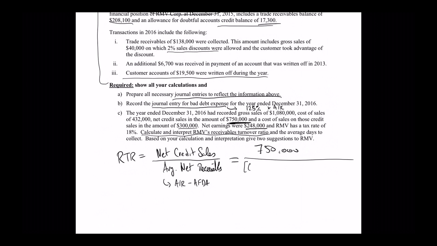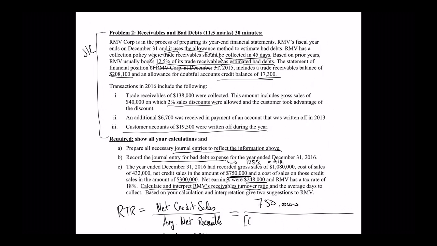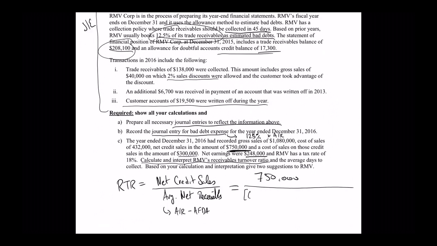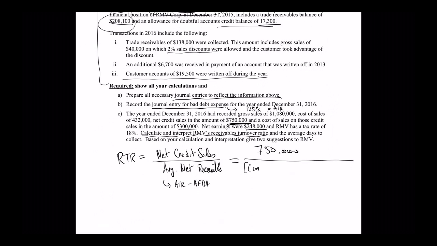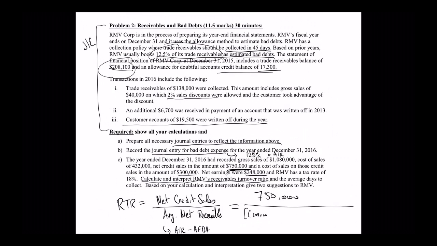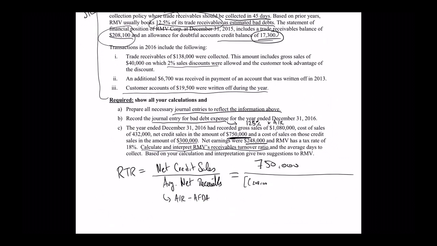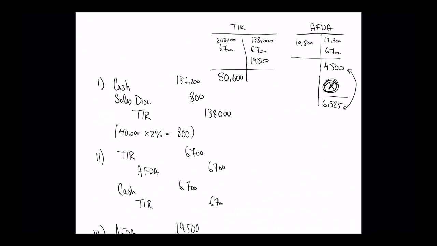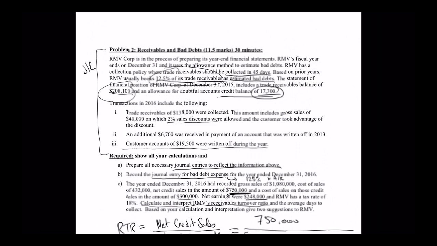At the beginning of the year, we had receivables of $208,100 and AFDA of $17,300. Plus, at the end of the year, we had trade receivables of $50,600 and AFDA of $6,325.